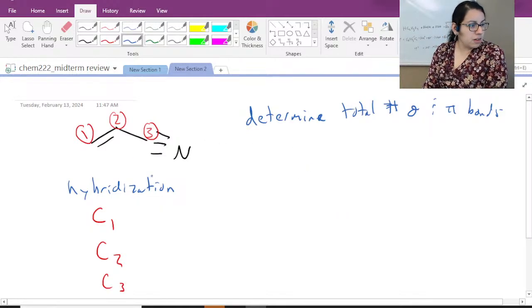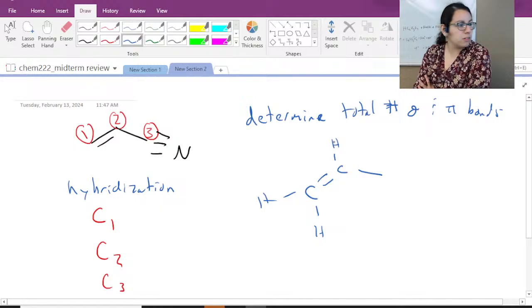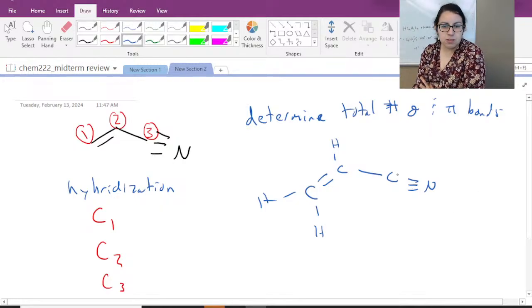If you're stuck on this problem, I would at least start by drawing it out more explicitly. So we have our carbon 1 double bonded to our carbon 2 here. Notice carbon 2 only has 3 bonds, so it needs a hydrogen. And then our carbon 3 here is fine, triple bonded to nitrogen.